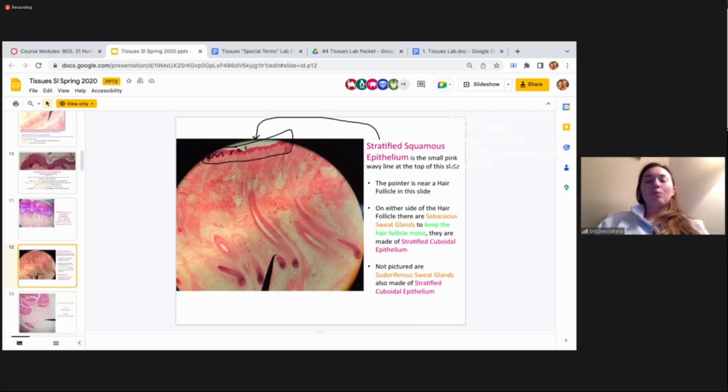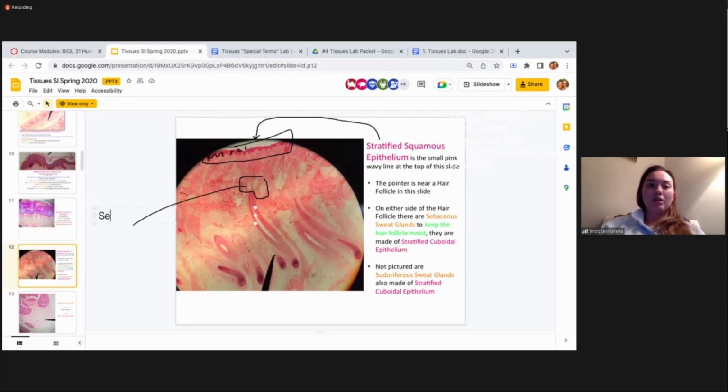So you see, we're picturing skin, right? Look at your skin and think about all the things that are sitting underneath your skin. You have hair follicles, you have sweat glands, you have muscle deeper than that, tendons. So it keeps going very deep. So the glands that are found surrounding the hair follicle are our sebaceous glands.